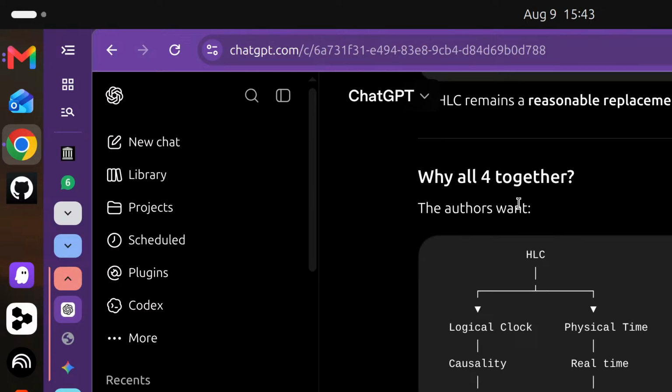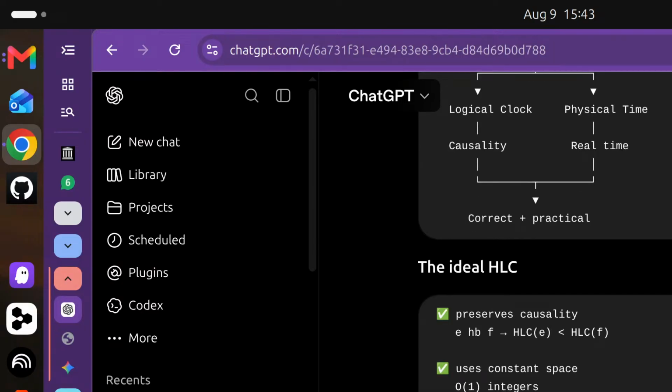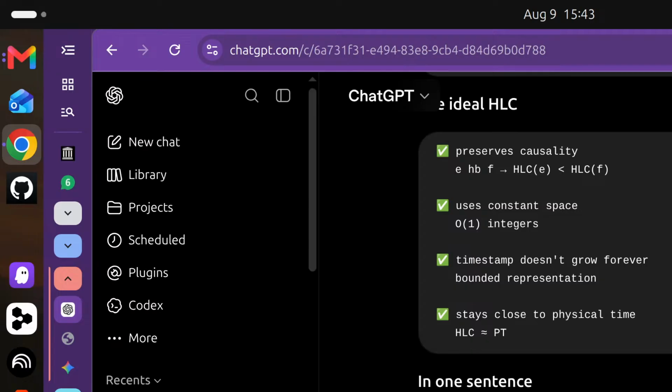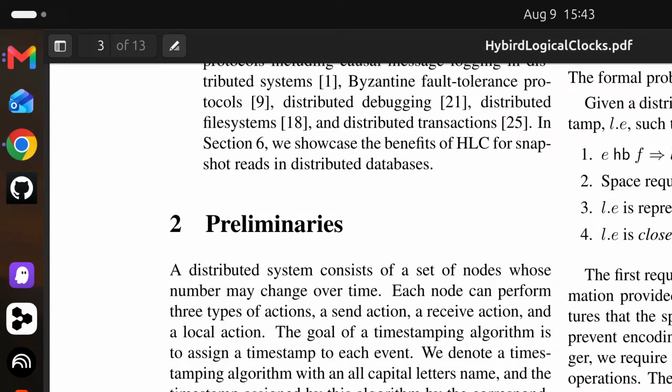See why all four together? The author wants a logical clock with causality and physical time, correct plus practical.